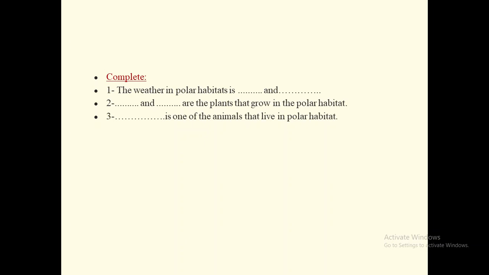Very good. Shrubs and moss. Number 3 is one of the animals that live in the polar habitat. Tell me one example. Penguins. Excellent. Penguins are one of the animals that can live in the polar habitat.